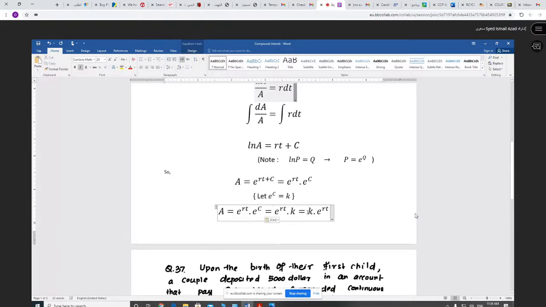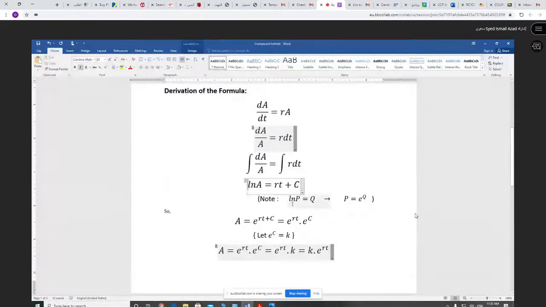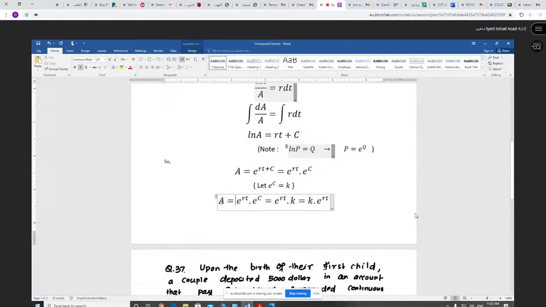Okay, so you will get this formula: amount A is equal to K of e power RT. Now this is the formula that we are going to use in solving the questions. So in short, let me just write down the end result of this formula.